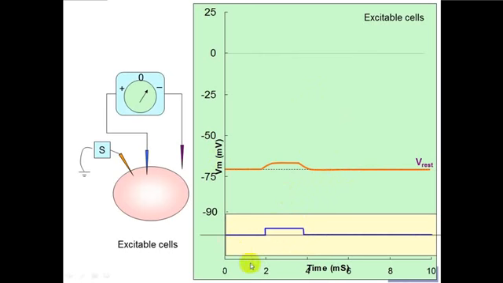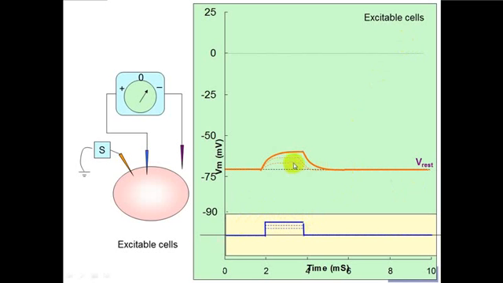However, when it comes to depolarizing responses, there are differences. Let us begin with a small depolarizing stimulus, and you have a small depolarizing response. If you increase the strength of the depolarizing stimulus, you notice an increase in the response magnitude that is actually a little more than what was expected in a non-excitable cell. Remember, these are excitable cells. If you have an even further increase in the stimulus strength, notice that this stimulus is roughly double the first stimulus.